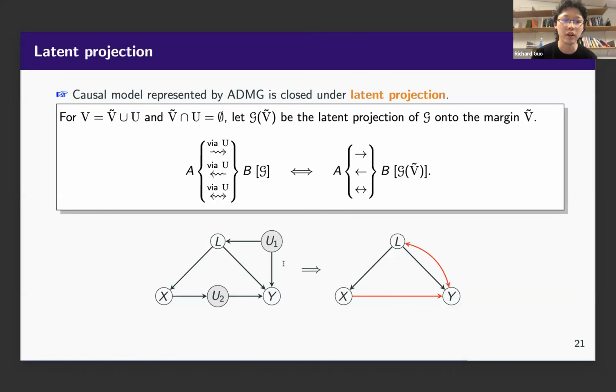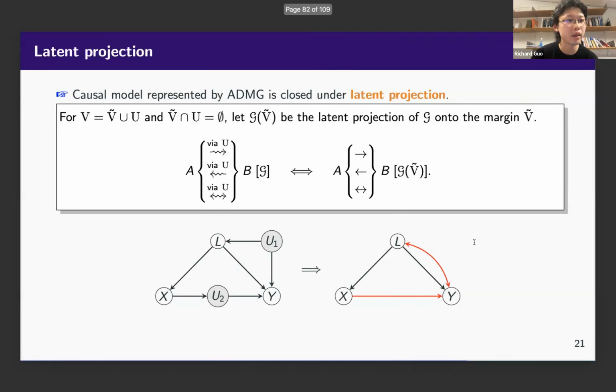If I want to marginalize only onto the margin L, X, Y, then I can keep these two directed edges and add two new edges: X to Y, because X to Y is only through the latent variable U2, and also add a bidirected edge between L and Y, because that suggests a latent confounding between L and Y.